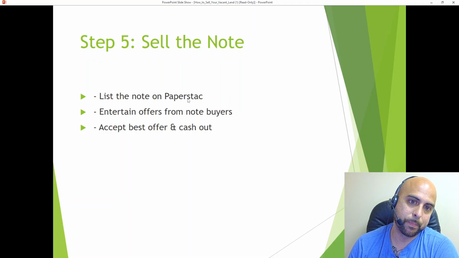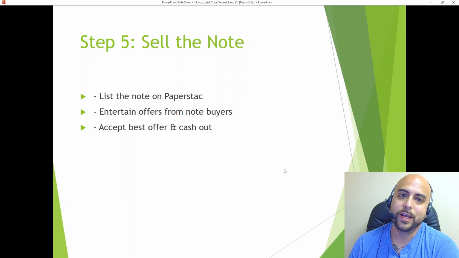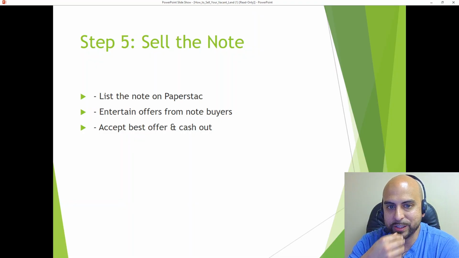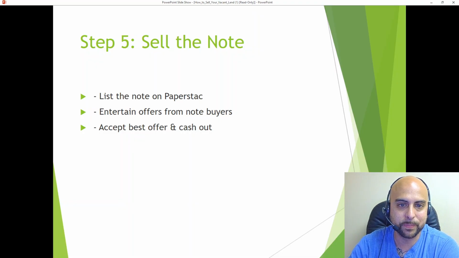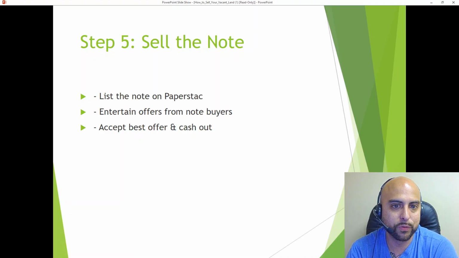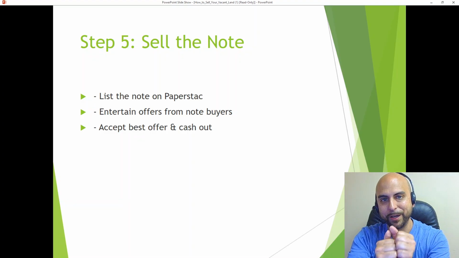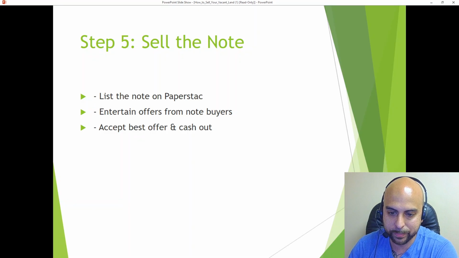You can list your note on there, and you'll have note buyers bid on your note, and you as the note holder, the note originator, can decide who you want to sell to, right? This is amazing. PaperStack has made this so accessible for us note creators and also the note buyers. They're the middleman, but they're amazing. So let me just show you real quick.